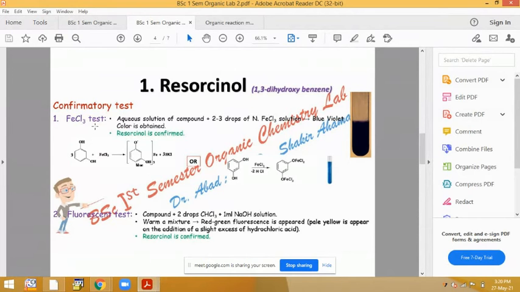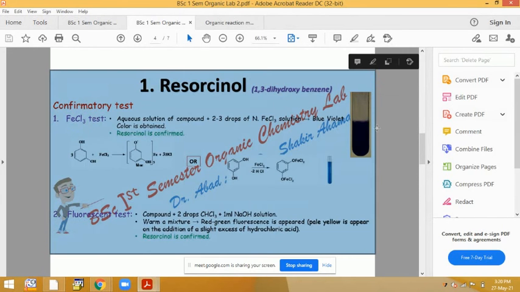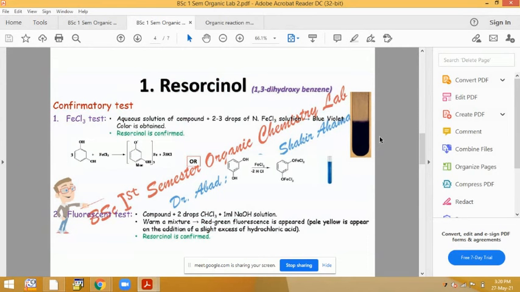Then it shows a blue, violet, or green color depending on the phenol. In the case of resorcinol, it will show a violet color, like the figure beside shows in the test tube. This blue or violet color will be seen after adding the neutral FeCl3 solution.